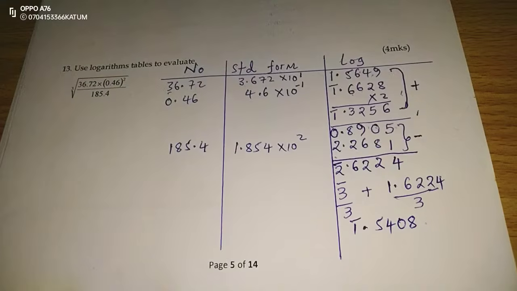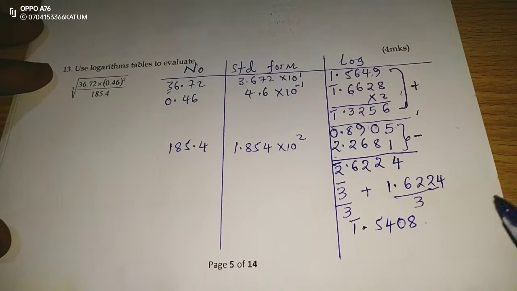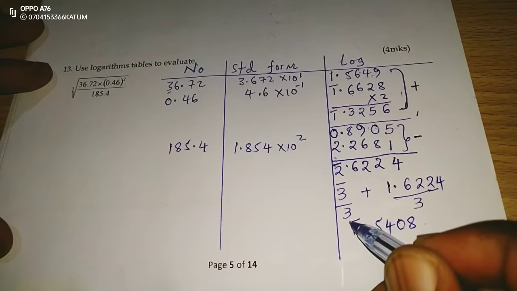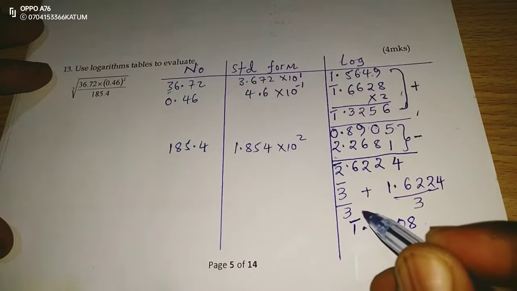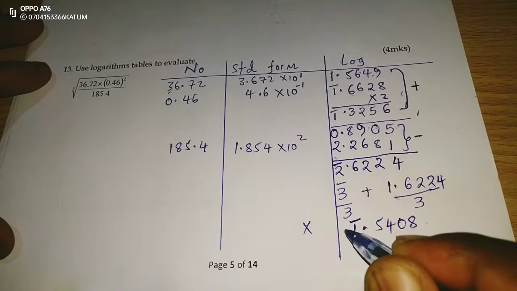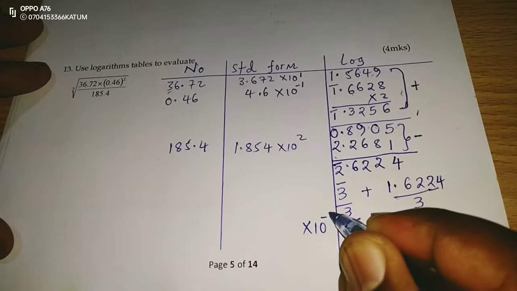Now the other thing is to get the anti-logarithm. Because the characteristic of this answer is bar 1, it means the answer is going to have 10 to the power of negative 1.